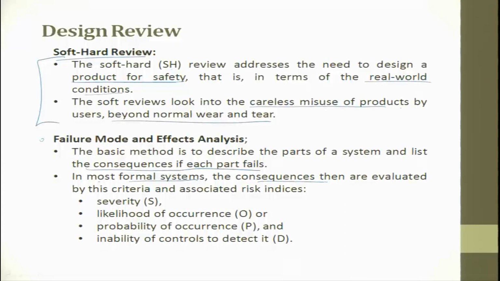So in most formal systems, the consequences are evaluated by these criteria and associated risk in integers: severity, likelihood of occurrence, probability of occurrence, and inability of control to detect it.